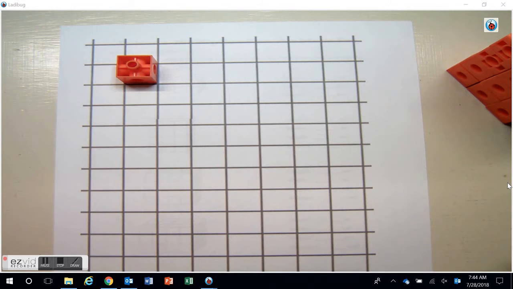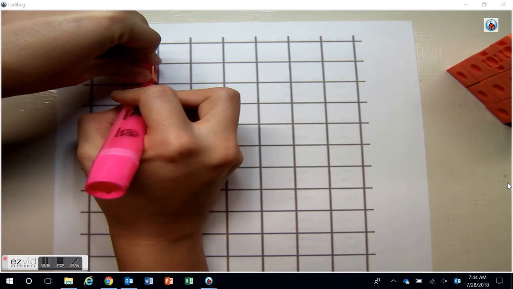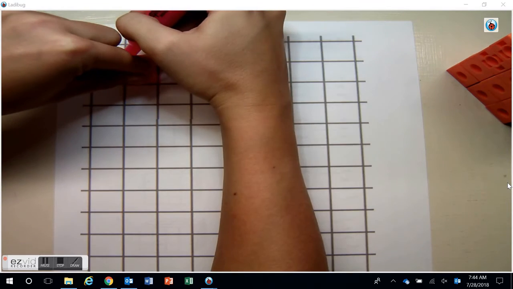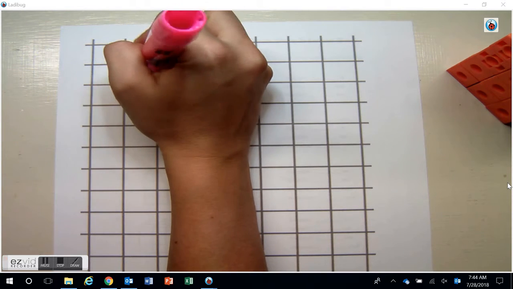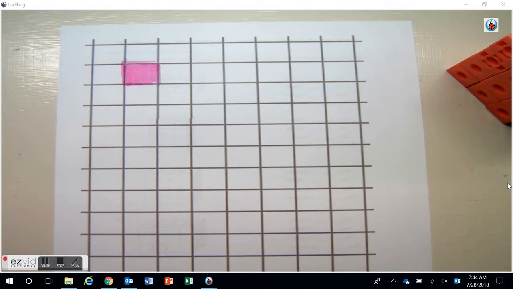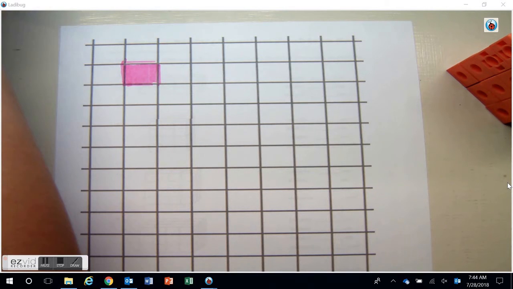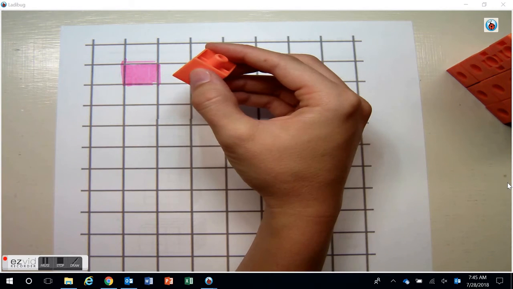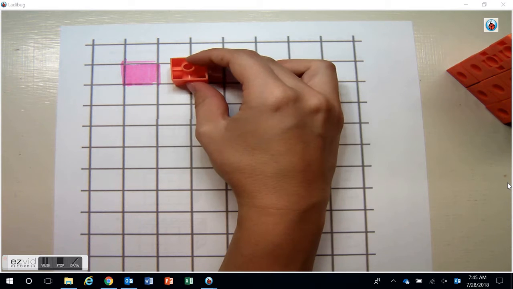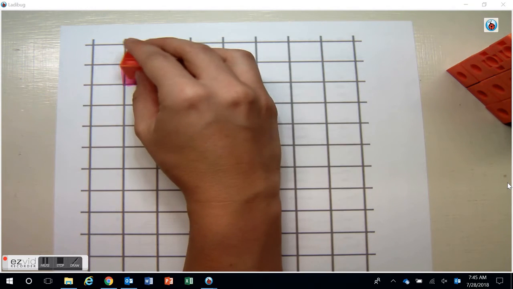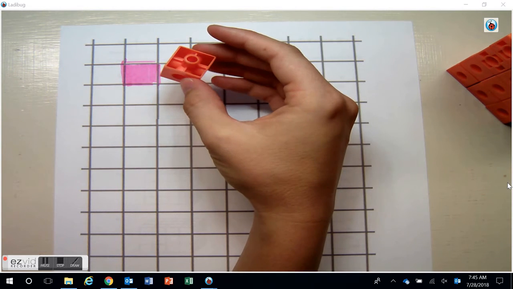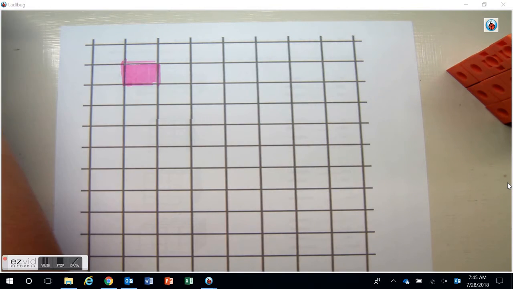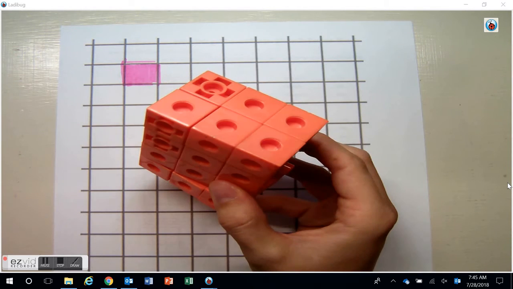And I see that one of the faces is here, and I can see that that face is 1 square. But I know that this is 1 cube in that layer. So it looks to me like the number of squares on one of the faces is the same as the number of cubes in a layer.